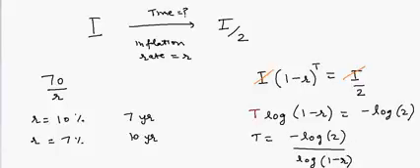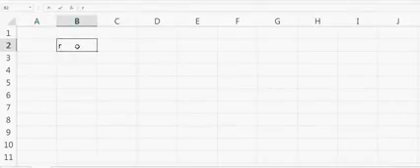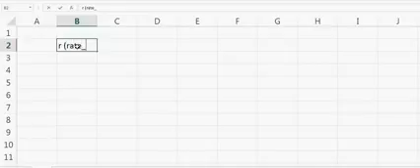So instead of doing this complicated calculation, we can use this trick, but let's do this complicated calculation in Excel and see how this trick was made. So let's go to the Excel, and suppose we have interest rate, which is not the interest rate, it's the inflation rate.